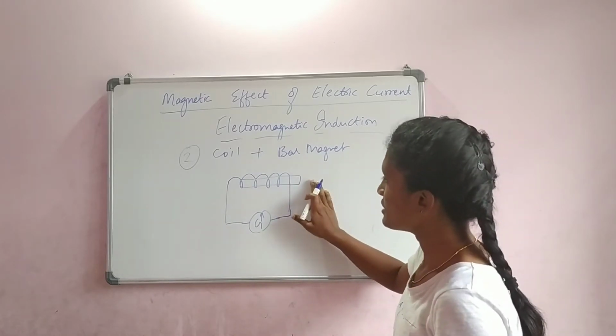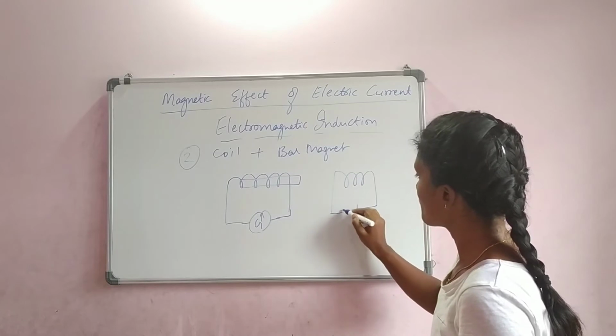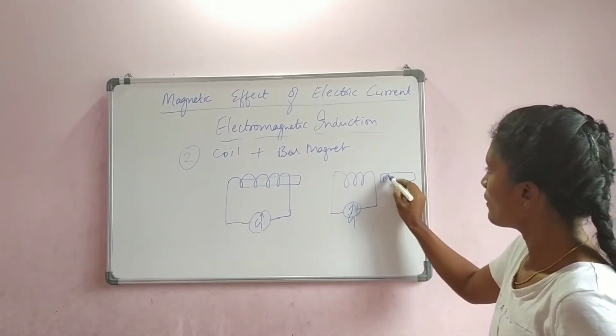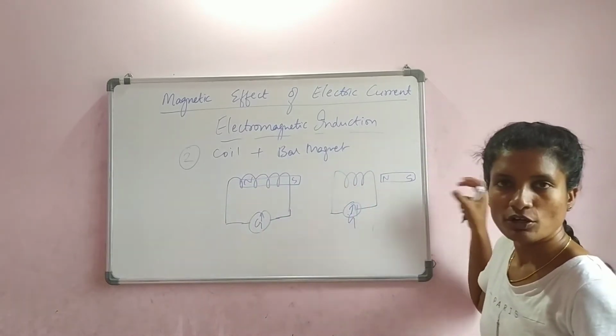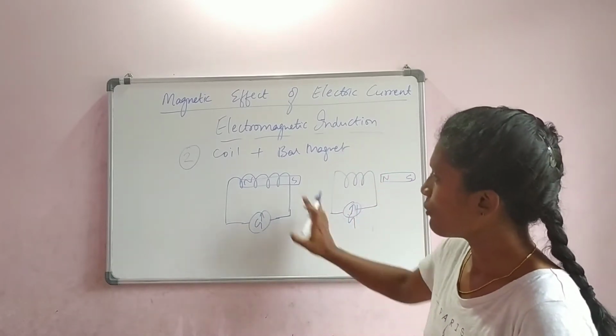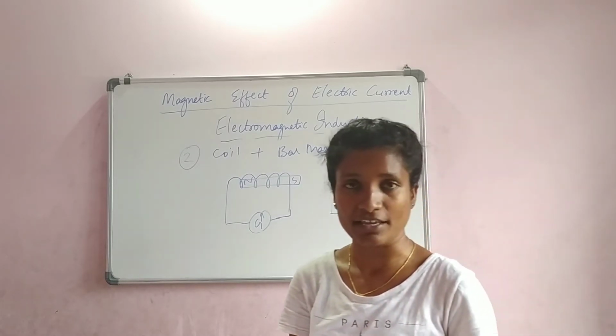Just imagine the magnet is like this, and when you pull it out, the magnet comes like this. So this is the basic diagram of this experiment. Now let us understand what observations we can make here.